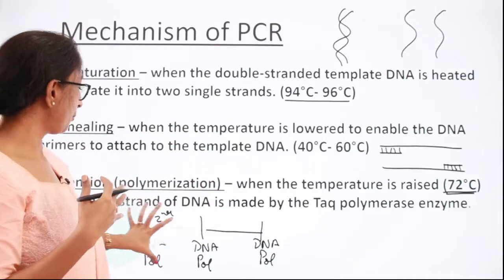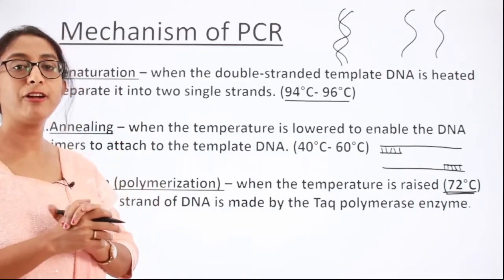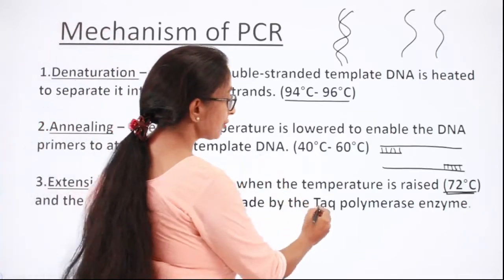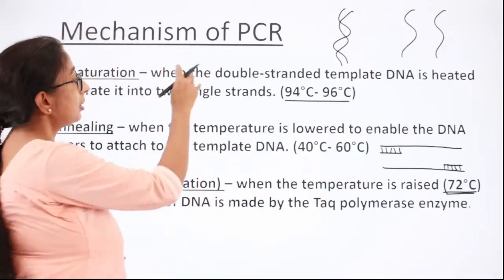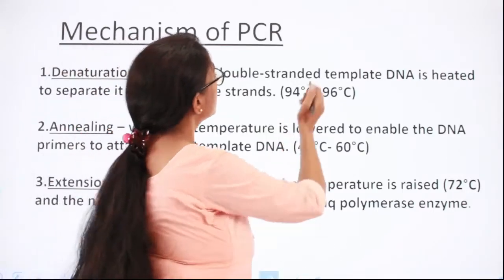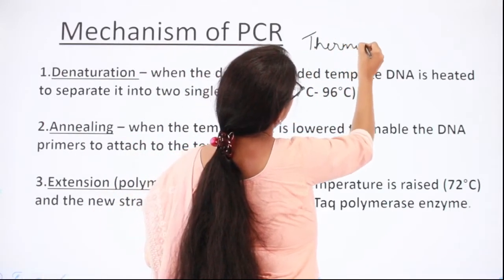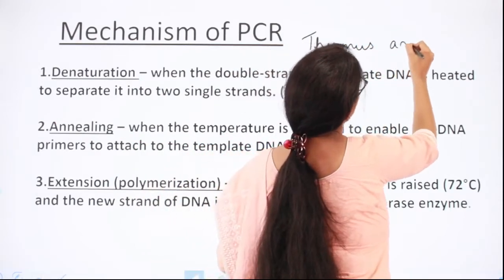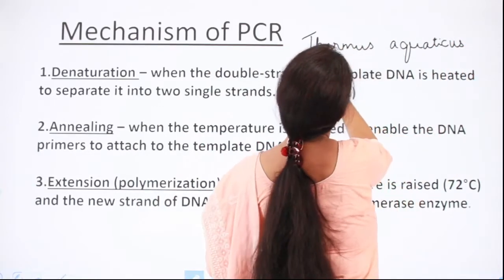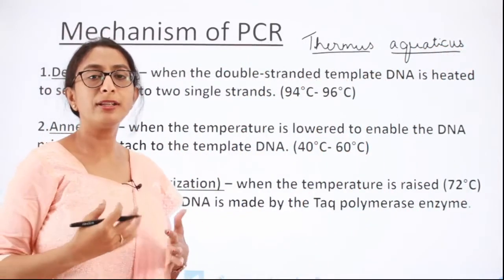But when this technique of PCR was developed in 1985, they found an enzyme called DNA polymerase, which is extracted from a bacterium called Thermus aquaticus. So this is a bacterium which lives in the hot springs where the temperature is very high.